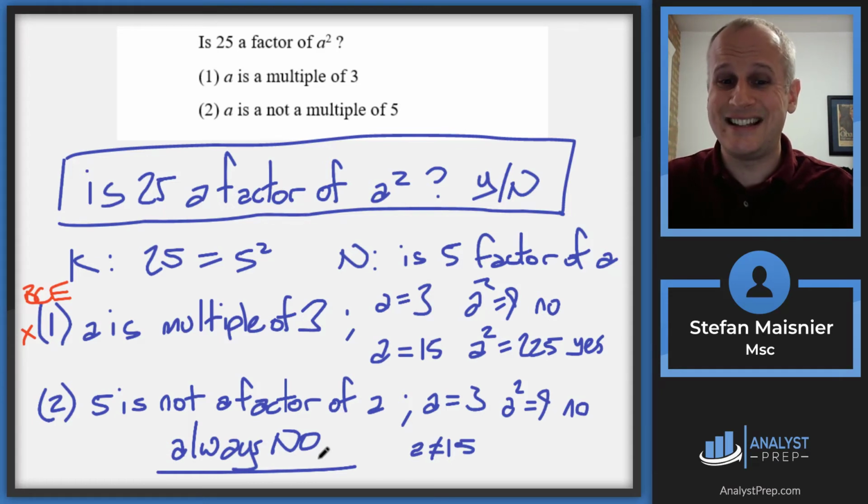We're being asked, is the answer consistent with a yes-no data sufficiency? And in this case, condition 2 is sufficient in telling us that no, 25 is not going to be a factor of a squared, and we'd select choice B.